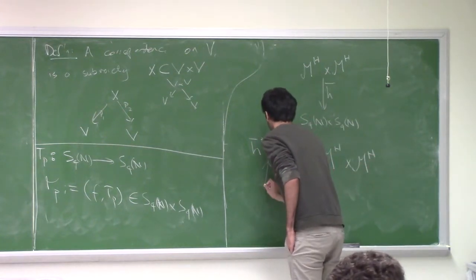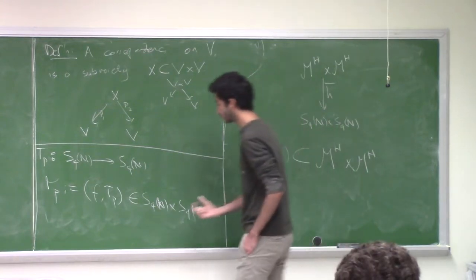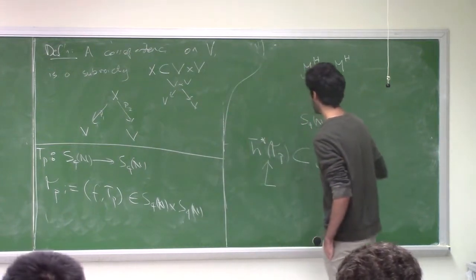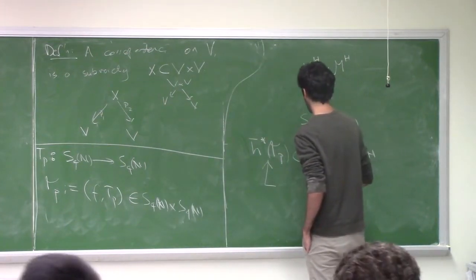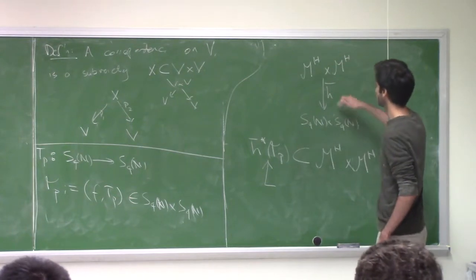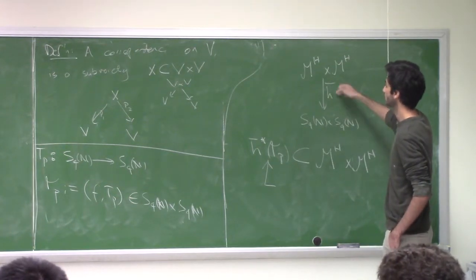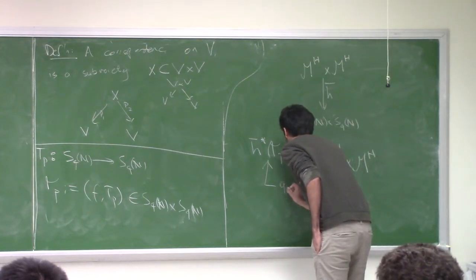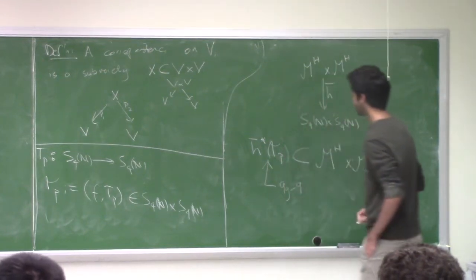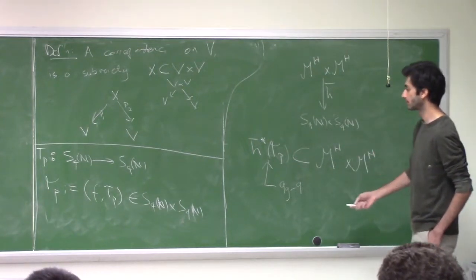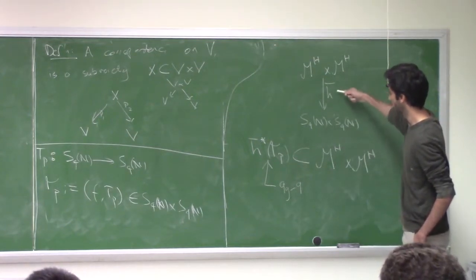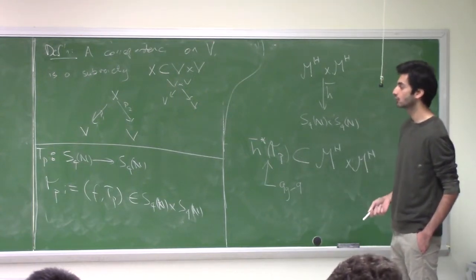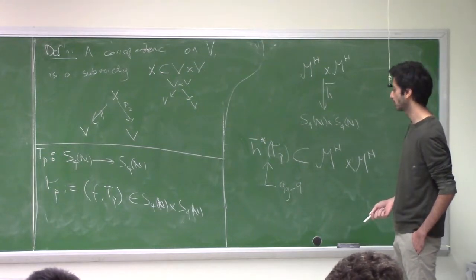The relative dimension of this map is 3G minus 3, so the relative dimension is 6G minus 6 because it's on the double of this thing. So the dimension of this thing is 9G minus 9. So it does give you a correspondence because simply by pullback of this map, you do get a subvariety of dimension 9G minus 9. But it's not a nice correspondence in the sense that it's not homogeneous.